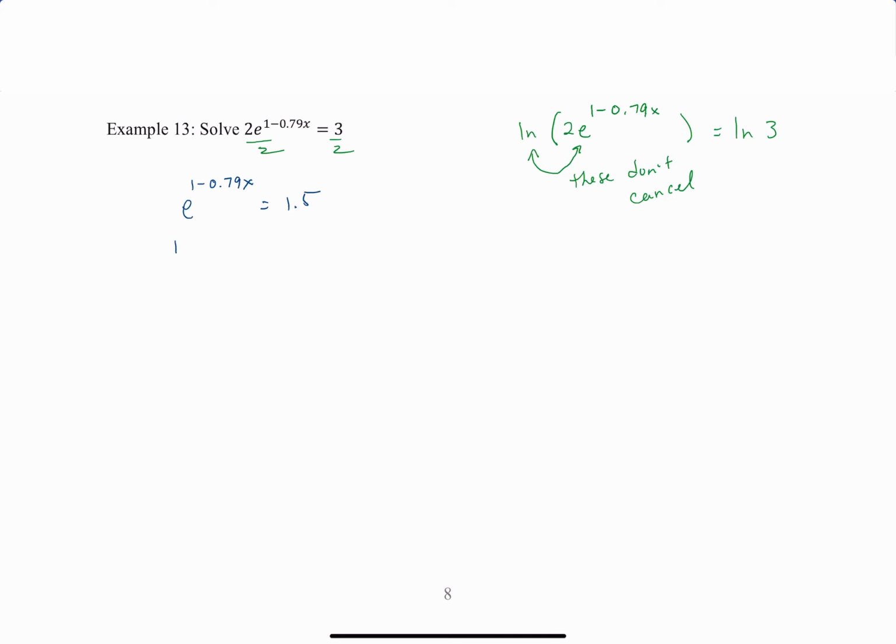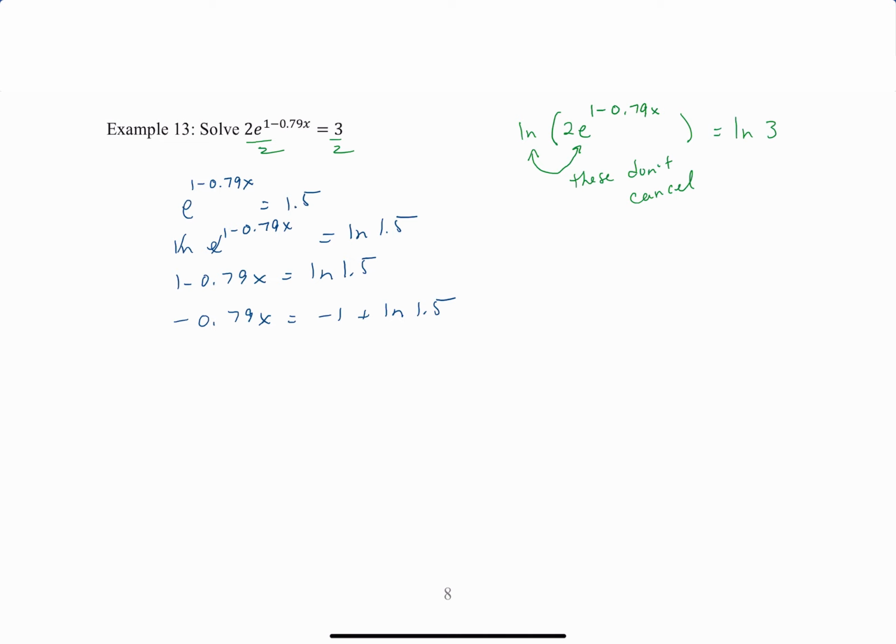So taking the log on both sides, and letting the ln and the e cancel each other, we get 1 minus 0.79x equals the ln of 1.5. Let's subtract a 1 from both sides. So I get negative 0.79x equals, and I like to put the negative 1 in front of the ln just to avoid visual confusion.